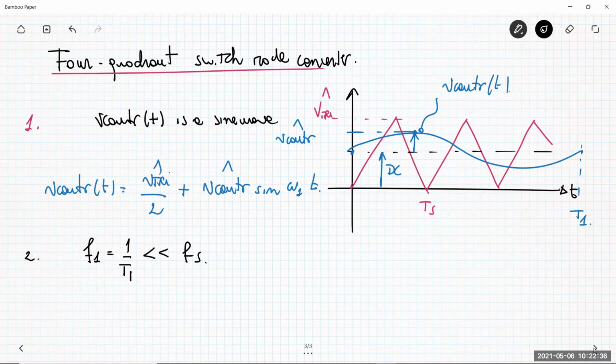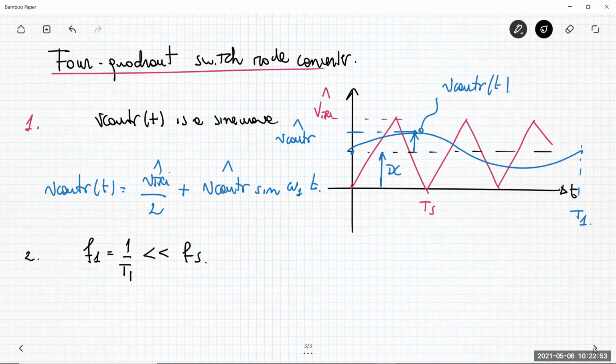The Nyquist theorem says that the switching frequency should be at least 2 times the bandwidth of the signal I want to reconstruct. This is a sine wave, so the bandwidth is the sine frequency, so 2 times f1.